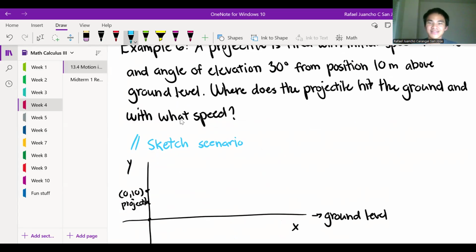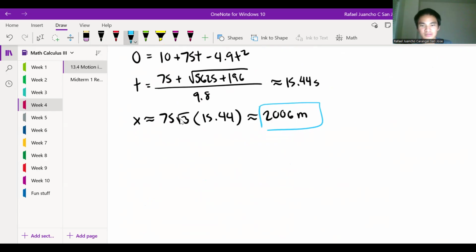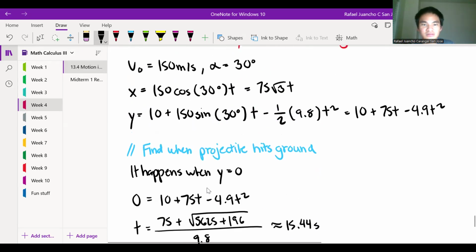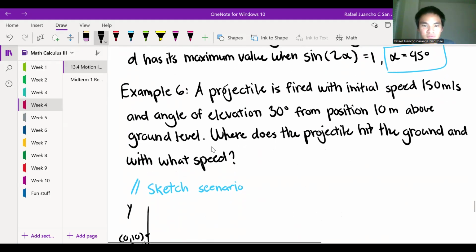And that's asking with what speed. So here we find what speed. So here we just get the velocity vector, right? So we take the derivative of our position vector here. Oh shoot, do we have that?